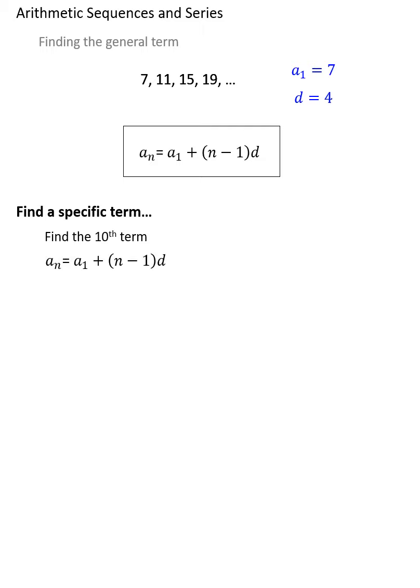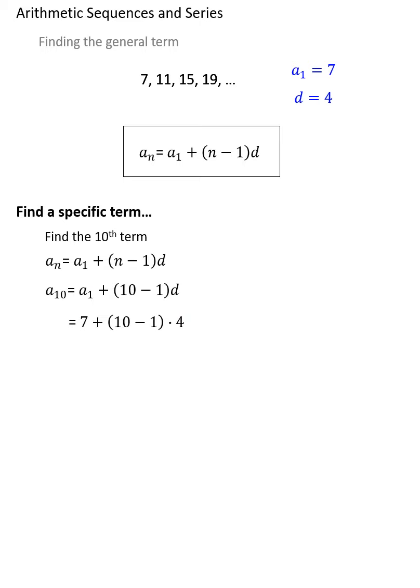So in order to find the 10th term, I can take this generic formula, and in place of the letter N, which represents the term number, I can put a 10. Good start. But I can also plug in the specific values of A1 and D that I know for this problem.